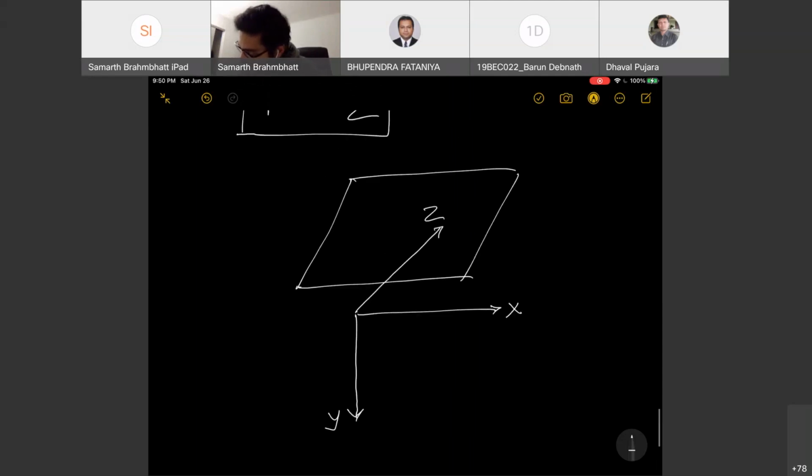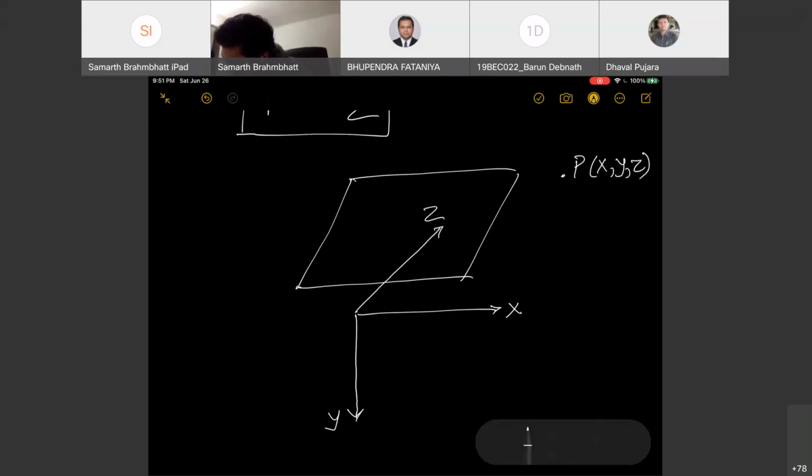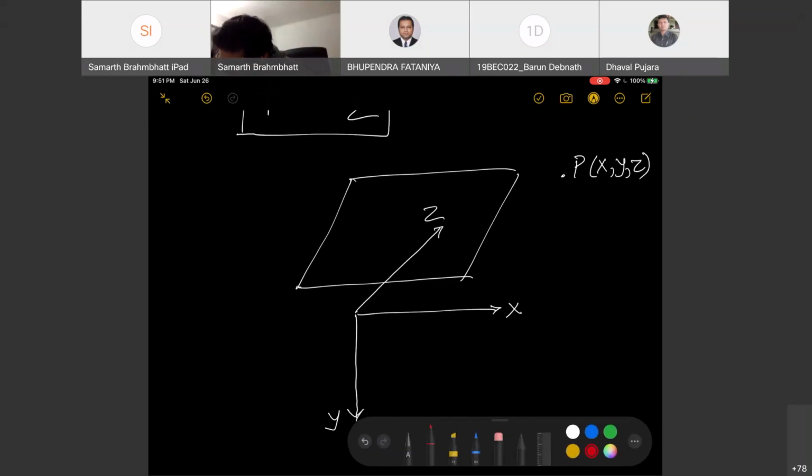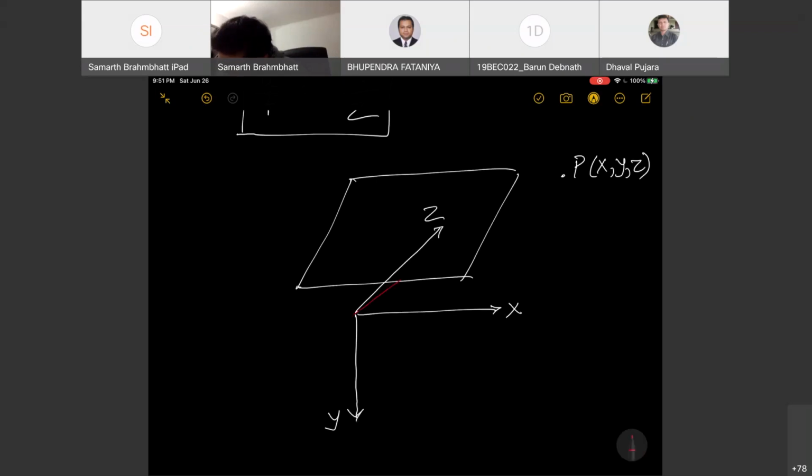So that means if you have a point P at x, y, and z, then you can draw a ray. So let's draw this ray going from the center of the camera.